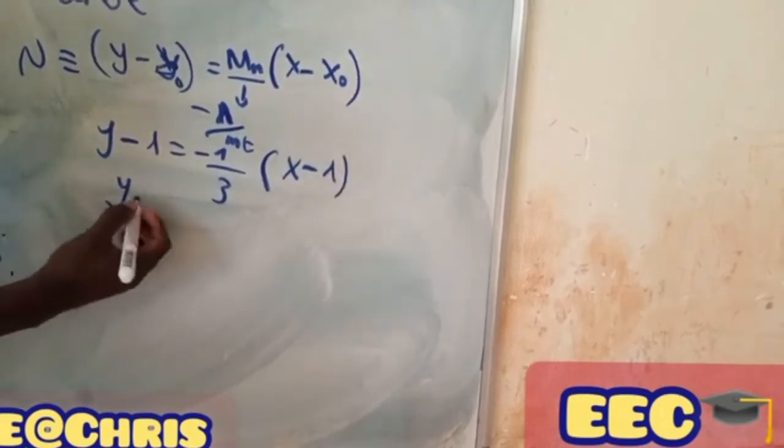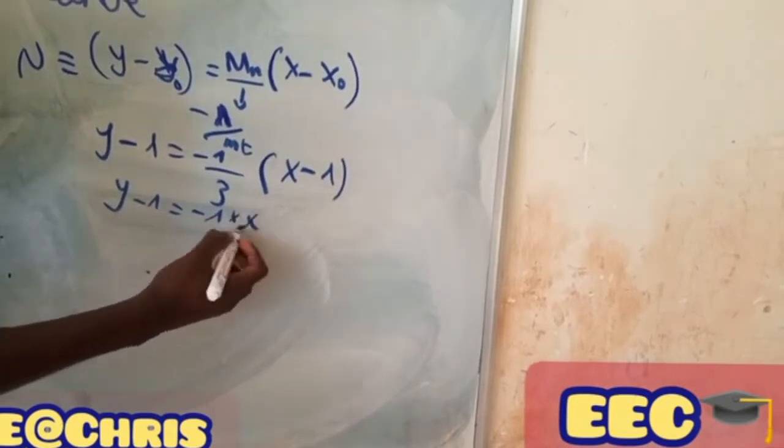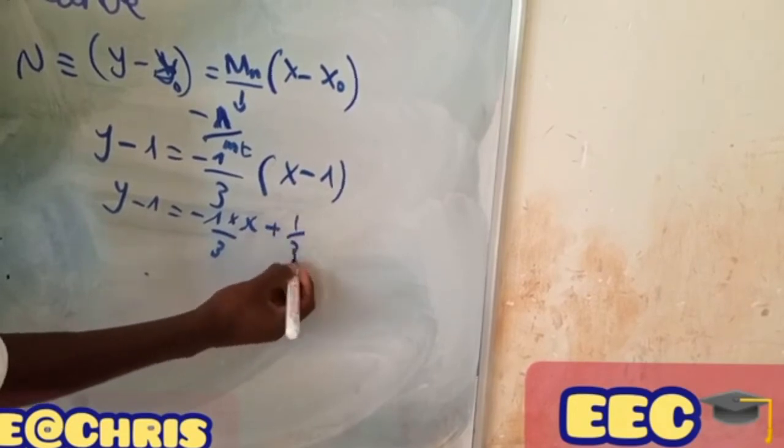Then y minus 1 will be equal to minus x over 3 plus 1 over 3.